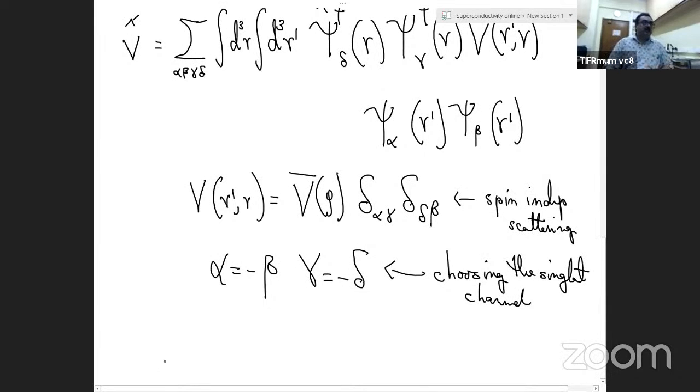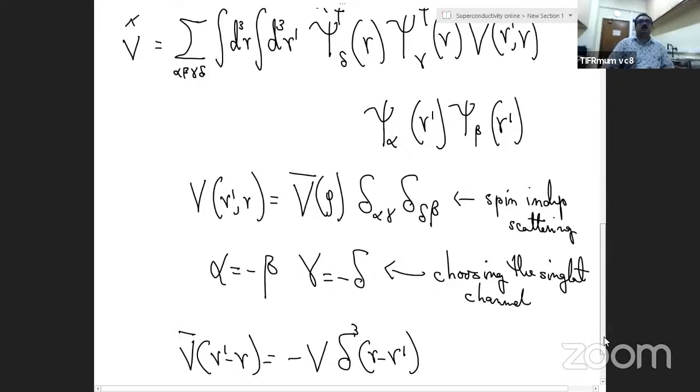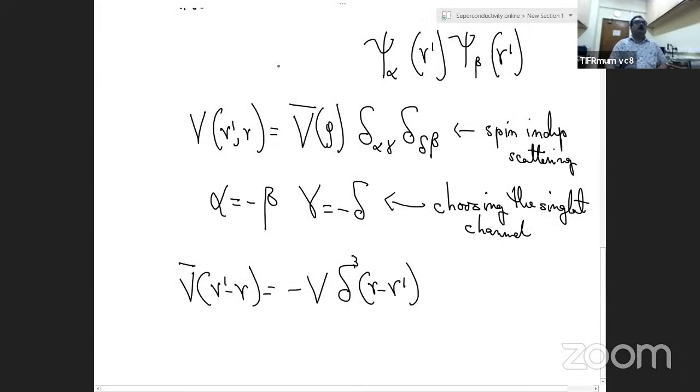And then finally, this I will take as minus V delta function of R minus R prime, so that it's a local contact interaction. All right. With this, now let me calculate the second quantized form.